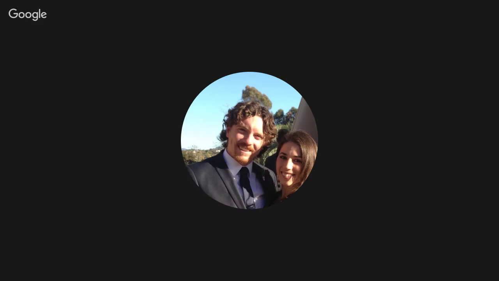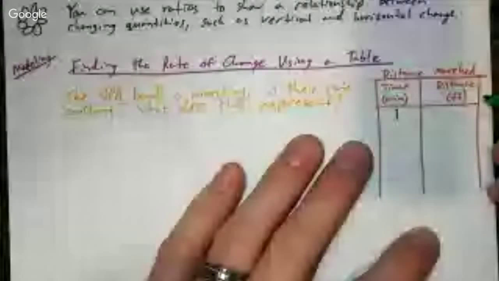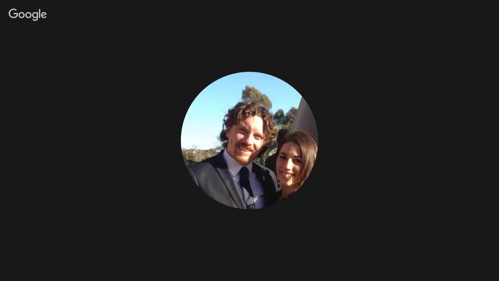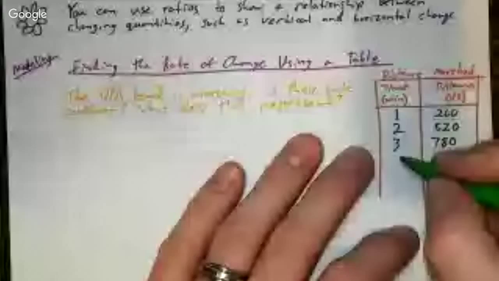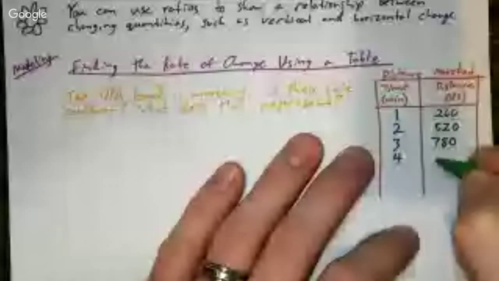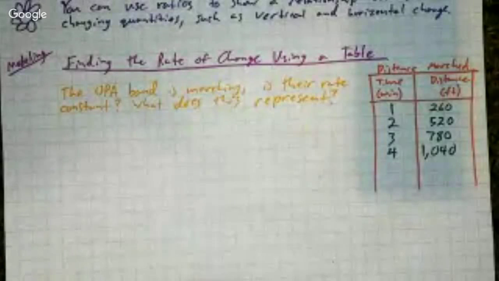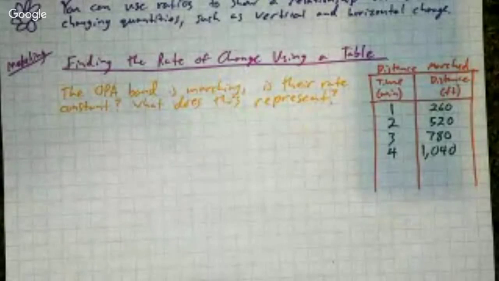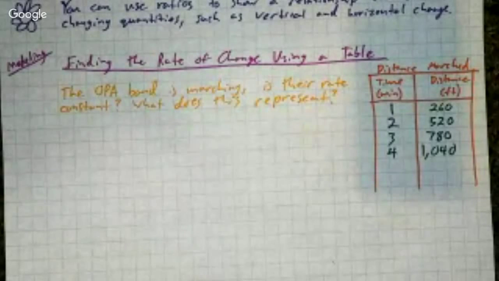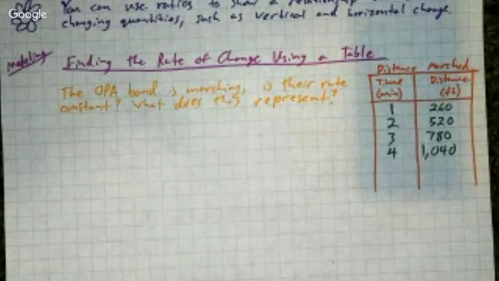In one minute, they have traveled 260 feet. In 2 minutes, they have 520 feet. In 4 minutes, they have traveled 1,040 feet. Okay, so that's what we have as our table. We need to find whether or not the rate is constant, whether or not they're moving the same amount each time, and once we find that, what does it mean?